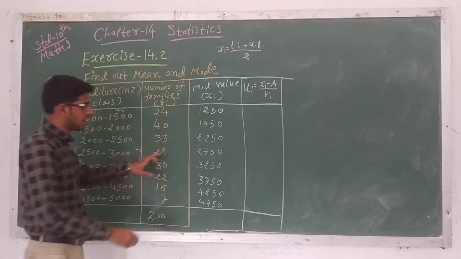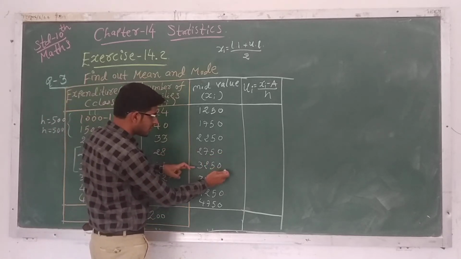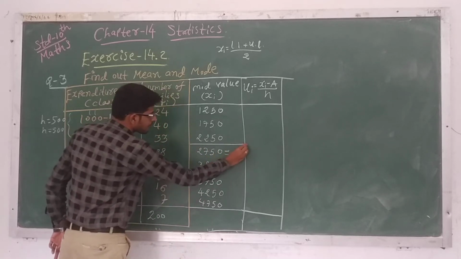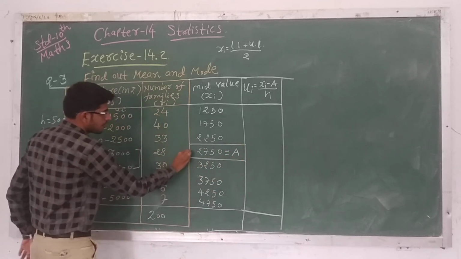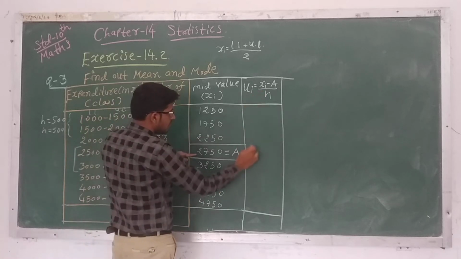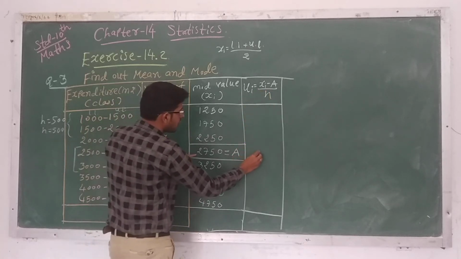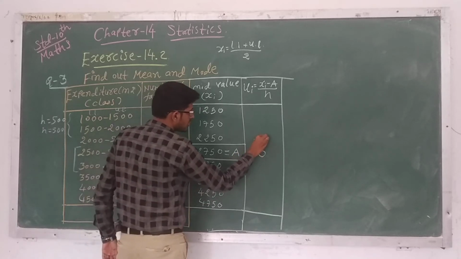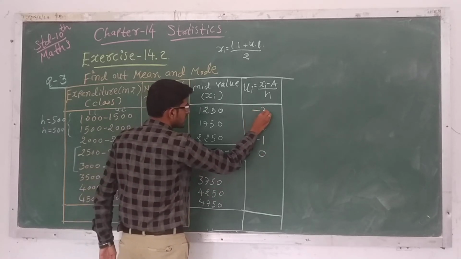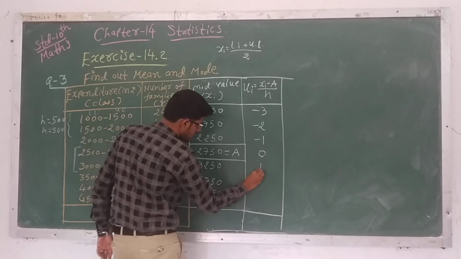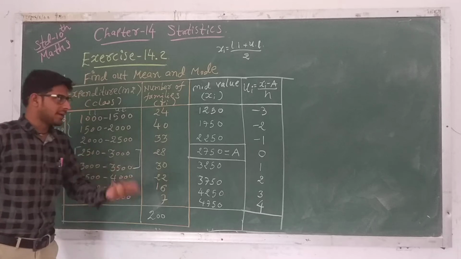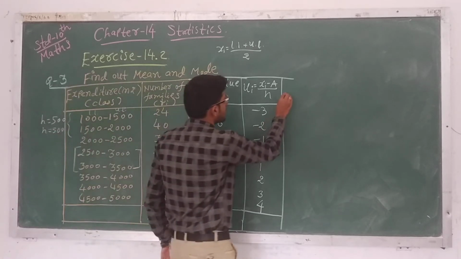So we can suppose a is equal to 2750 or 3250. So we suppose a equals 2750. So next column ui. The values of ui will be 0 at a, then minus 1, minus 2, minus 3, and on the other side 1, 2, 3, 4.